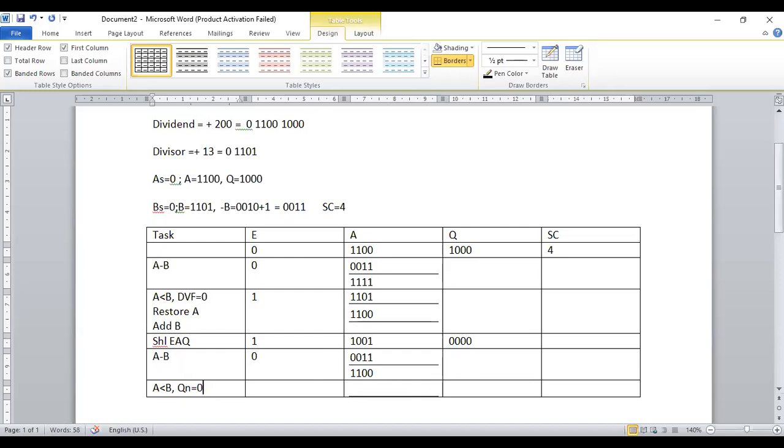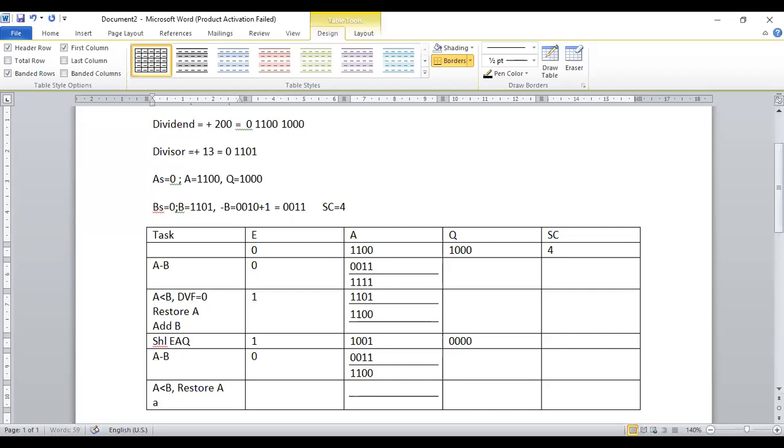You have to set your Qn to 0. A is less than B, so B cannot be subtracted from your dividend. So Qn you have to keep as 0. Since A is less than B, you have to restore A by adding B back.